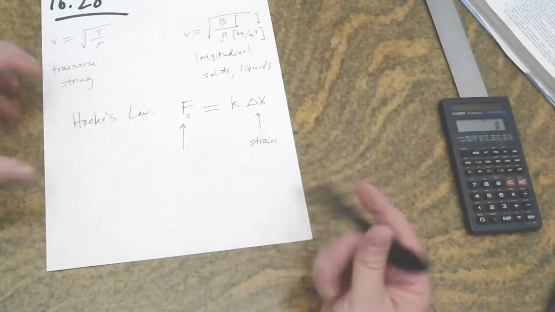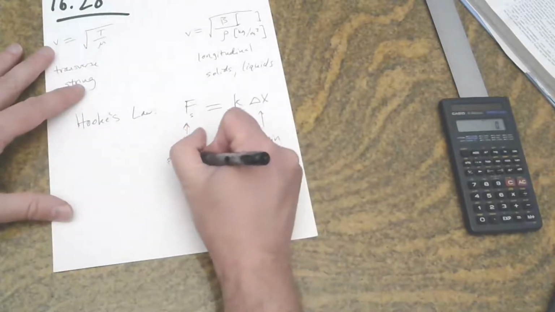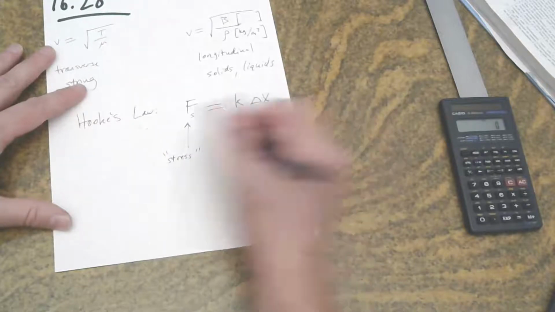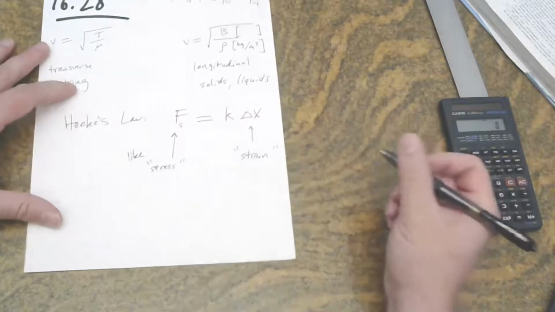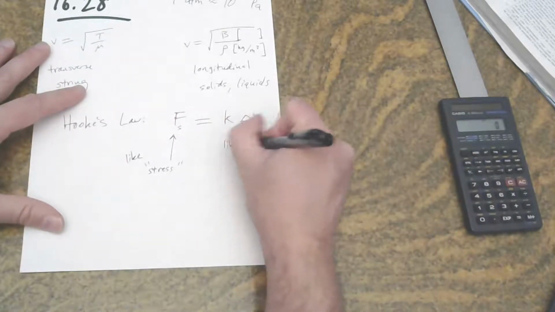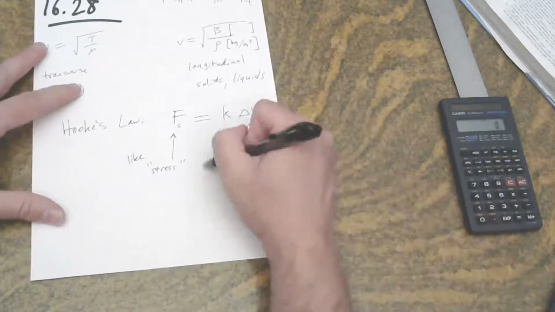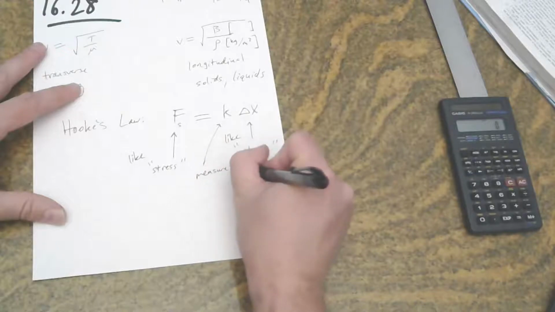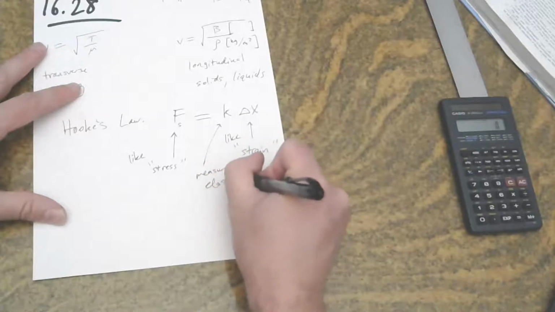When you apply a force to the spring, you stress it. And you know what, let me put these in quotes because they don't have the dimensions of strain and stress. So I'm saying these are like stress and like strain. And this is some measure of the elasticity of the spring. Some measure of elasticity.